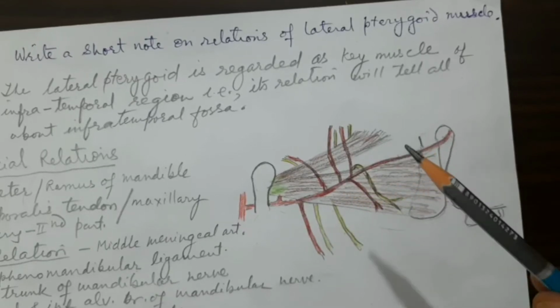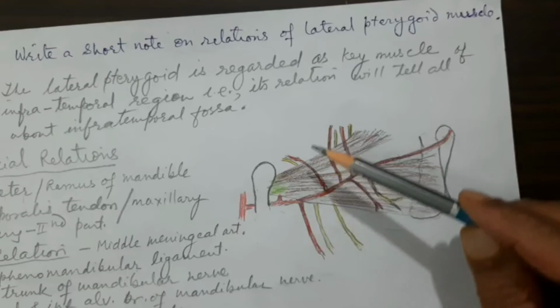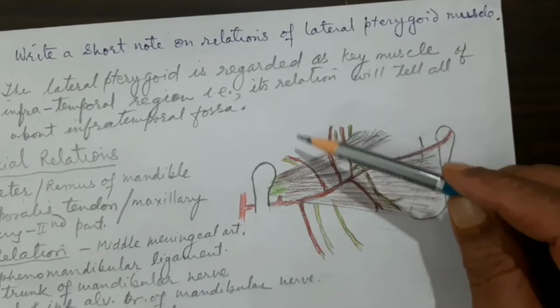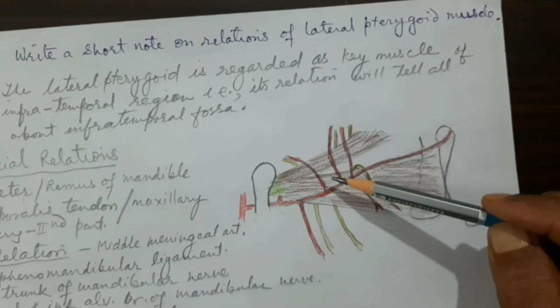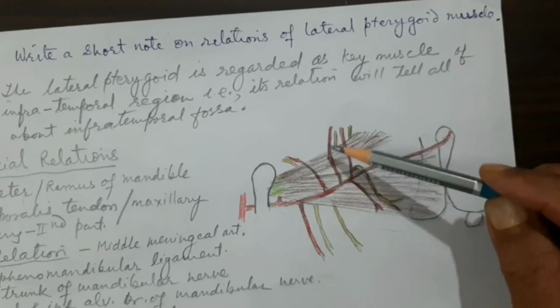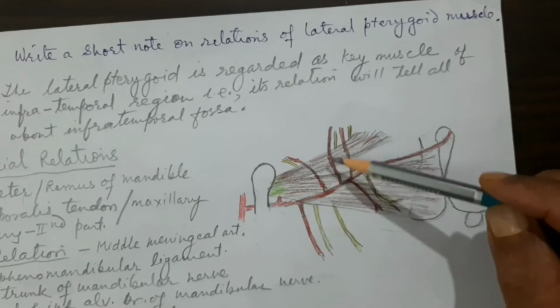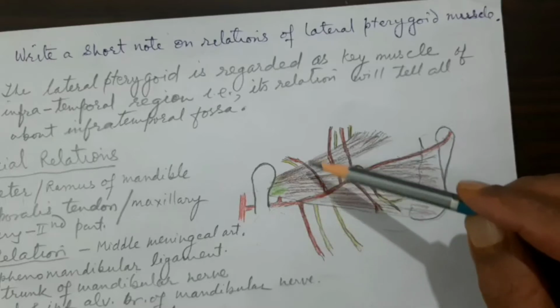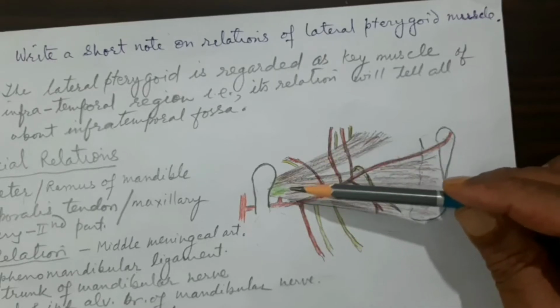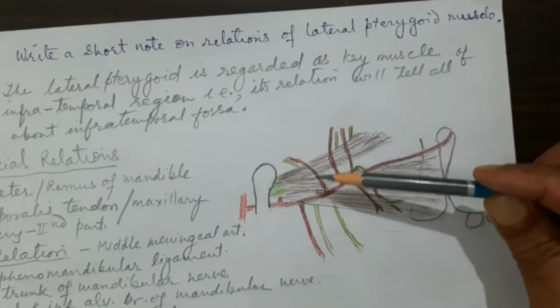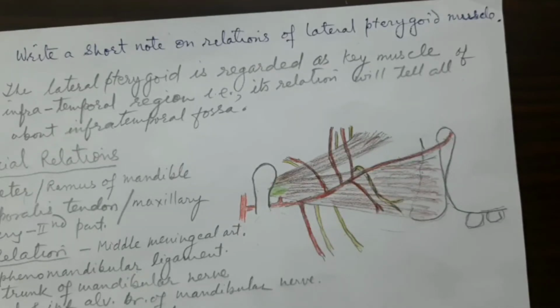Then there is the tendon of the temporalis, which comes from above to attach onto the coronoid process of the mandible. So this part of the lateral pterygoid is also deep to the temporalis tendon.